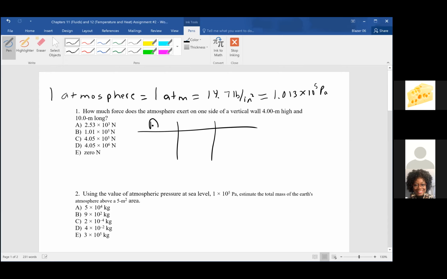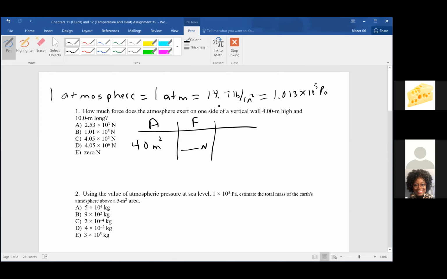So first we find the area, and the area is 4 times 10, so that's 40 meters square. That's my area. And it says, what is the force? So we want to know how many newtons.